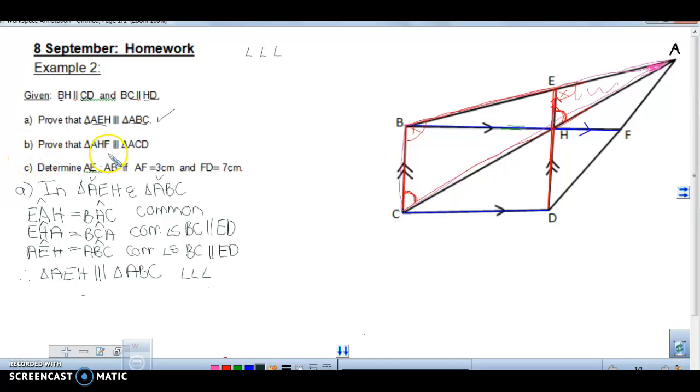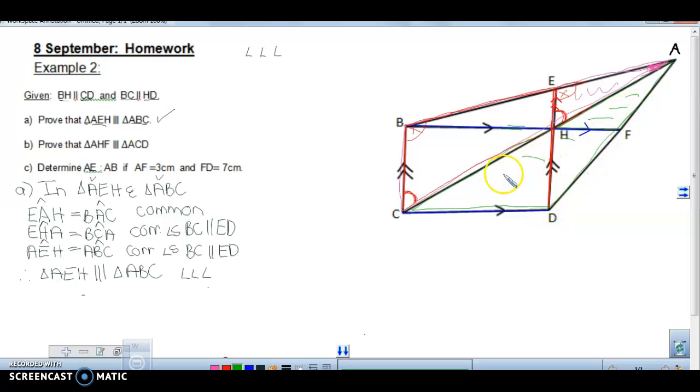For this B part, you have to prove that triangle AHF is similar to ACD. So where is AHF? So let's just identify. From A to H to F, so it's going to be this triangle here, similar to ACD, which is from A to C to D, which means it's going to be this part of my diagram.